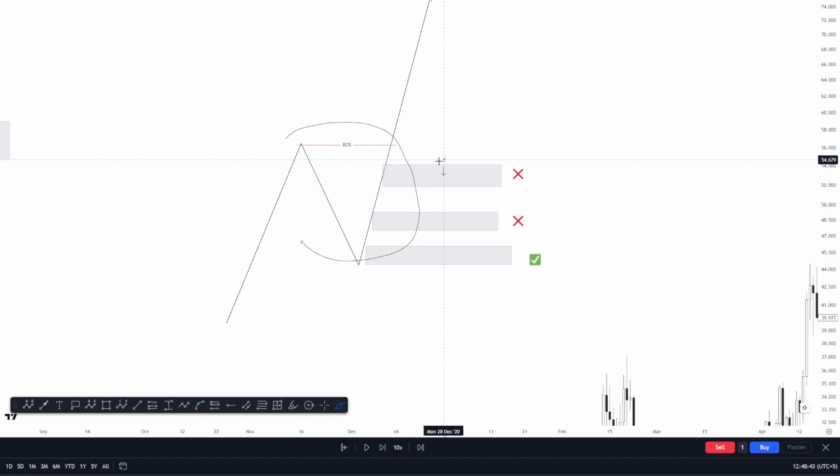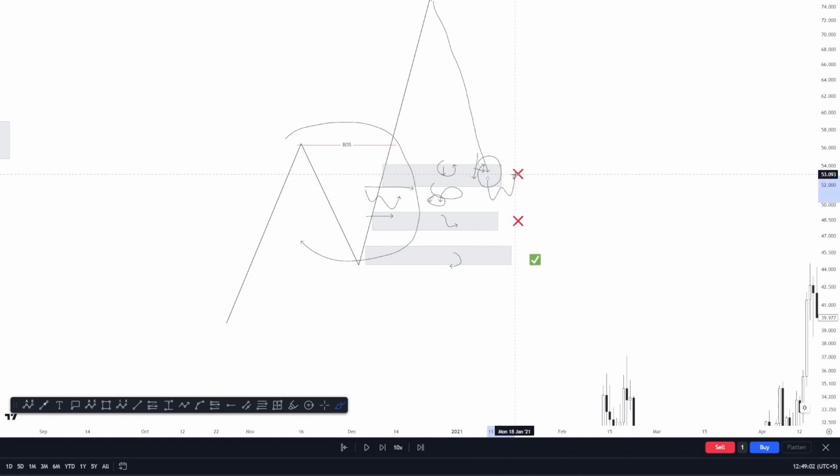Let's number them: first, second, and third. If there is any imbalance between the first and second demand zone, then this one is not valid, because liquidity lies below this demand zone, which indicates that if price reaches this demand zone, the liquidity is below this and it can sweep that out.